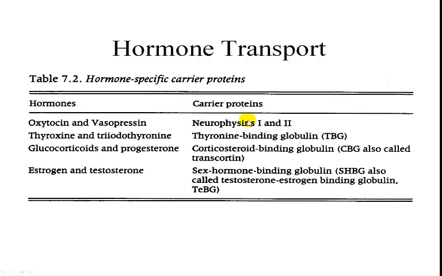Okay, so oxytocin and vasopressin have these carrier proteins. I'm not so certain they end up in the plasma, but they are in the vesicles, protecting these molecules on their way down the axon to the posterior pituitary. And then thyroxine and triiodothyronine, so T4 and T3, bind thyroid binding globulin, TBG.